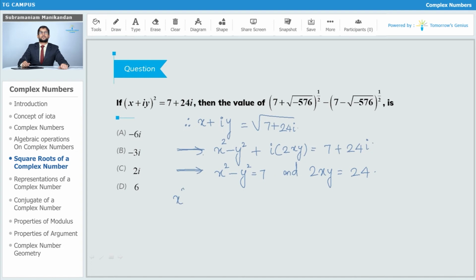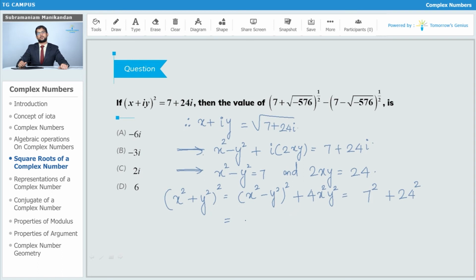So x square plus y square the whole square is going to be equal to x square minus y square the whole square plus 4x square y square. So this is equal to 7 square plus 24 square.